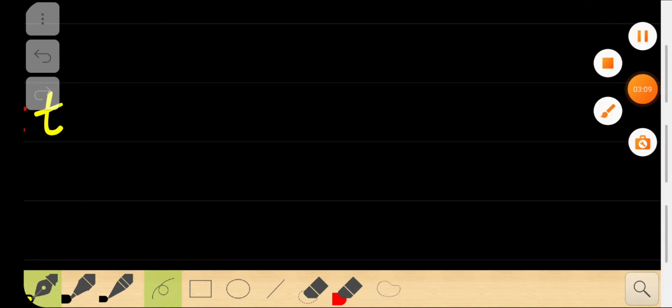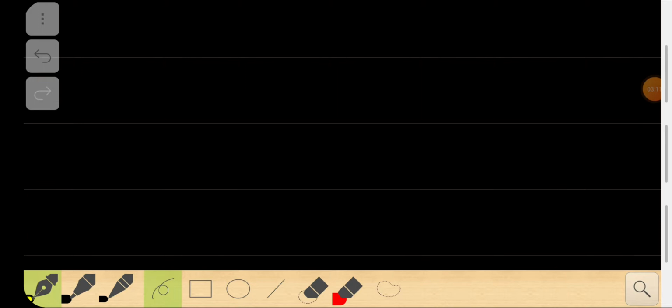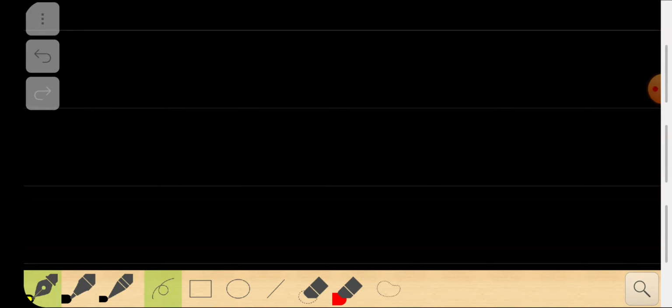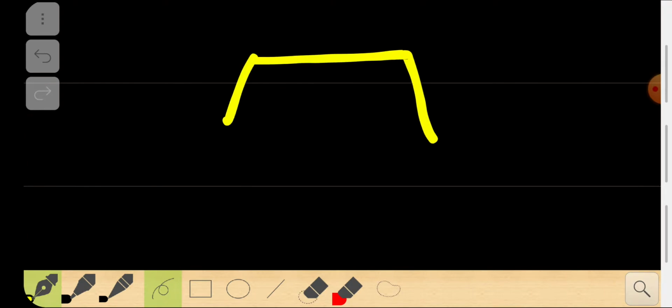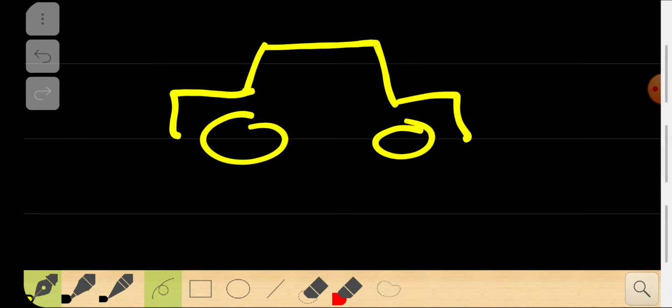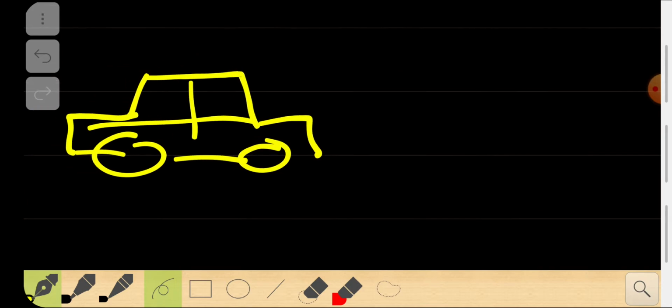Now we are going to start with a basic simple problem. For that, I'm going to consider a case of a car. This is some kind of a car, and you are at a parking spot, at a traffic signal.